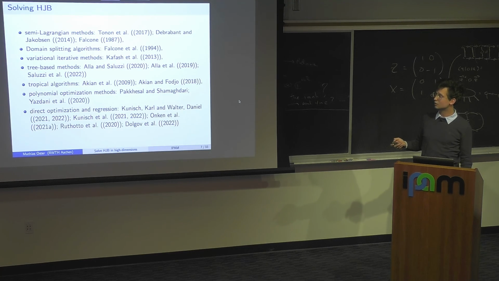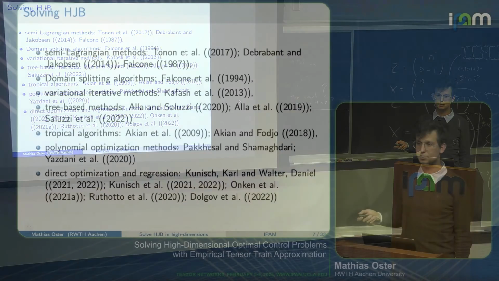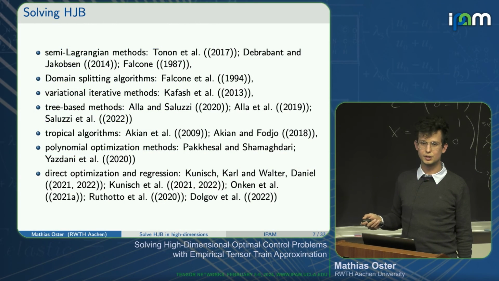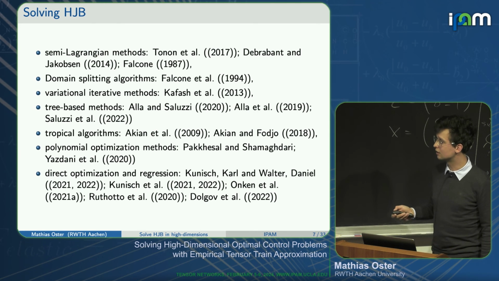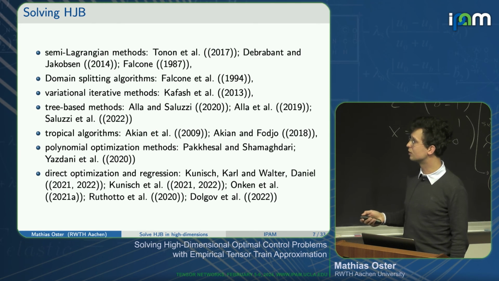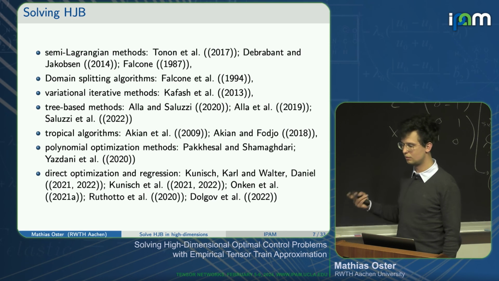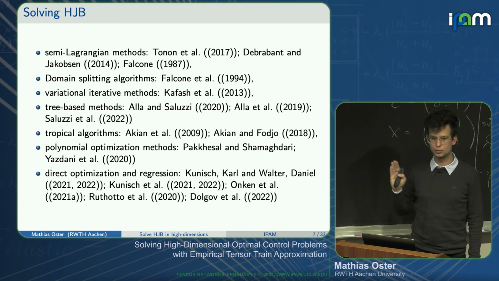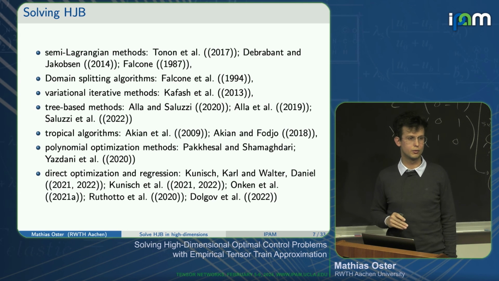All right. So there's really a big list of literature that tries to tackle this HJB equation, and almost all of them somehow fight with the curse of dimensionality. So this has been tackled really a lot from different sides, and in recent years, more and more methods were developed that try to go to higher dimensions beyond 3 or 4.